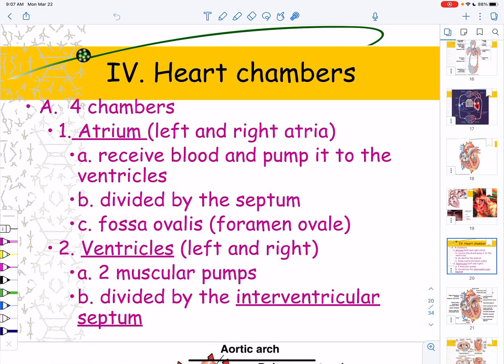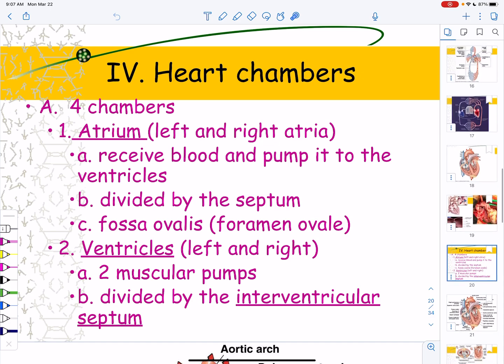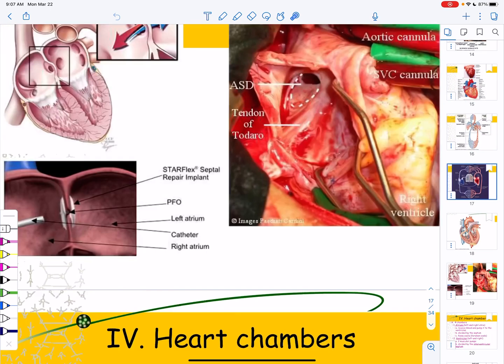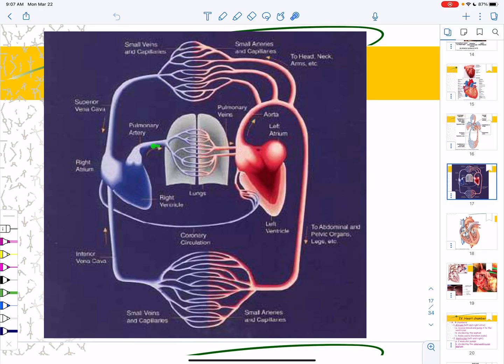We actually talked about valves in the veins before when we talked about blood vessels. The ventricles are the muscular pumps. Those muscular pumps are strong enough to send that blood all the way around the body. Remember that we are calling the heart two pumps. The pulmonary circuit goes to the lungs and then sends the blood back to the heart.